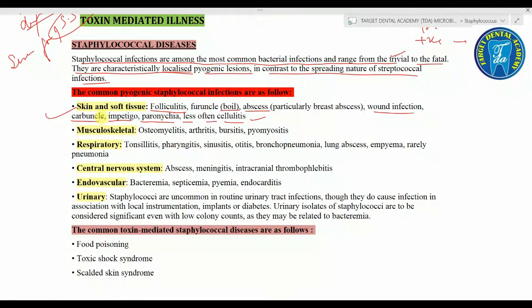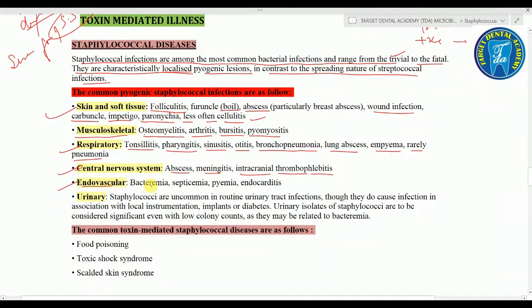Coming to the musculoskeletal system, it can be osteomyelitis, arthritis, bursitis and myositis. In the respiratory system, there is tonsillitis, pharyngitis, sinusitis, otitis, bronchopneumonia, lung abscess, empyema, rarely pneumonia. In the CNS, abscess, meningitis, intracranial thrombophlebitis.